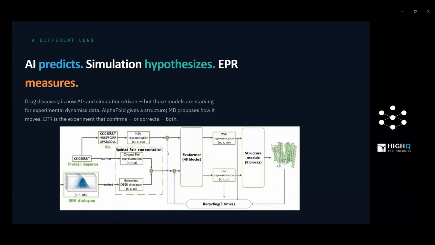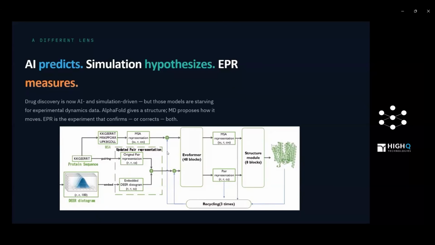Consider how this program typically runs now. For AlphaFold, you start with a sequence, and it gives you a structure quickly, cheaply, and most of the time accurately on compact targets. You run molecular dynamics, the simulation proposes how the structure moves, perhaps.